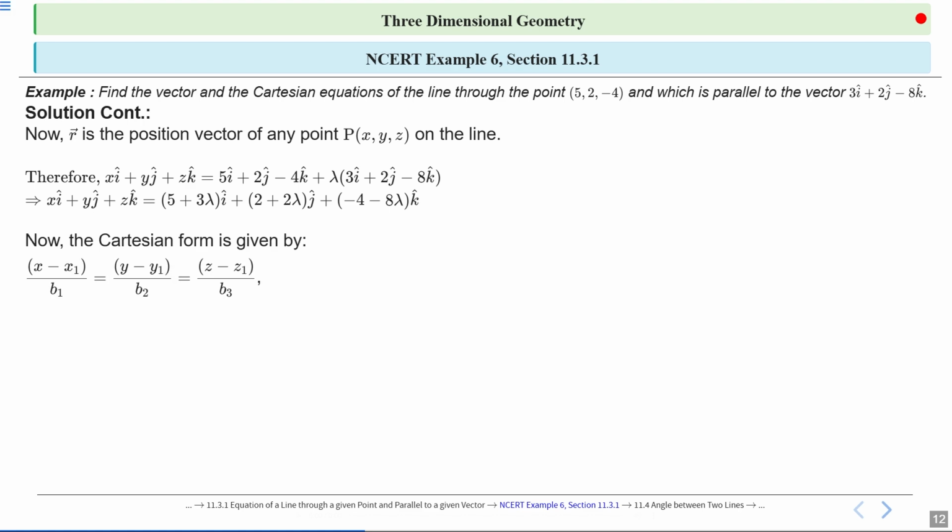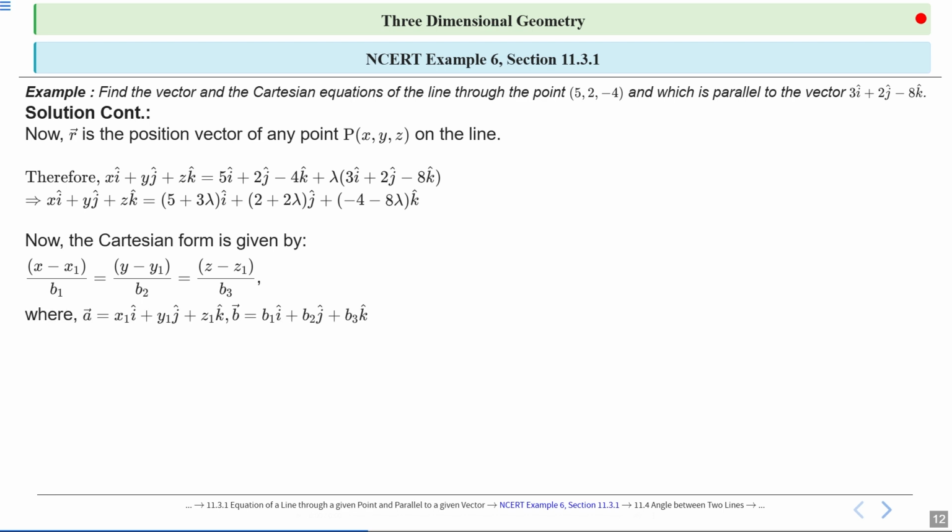The general Cartesian equation of a line that passes through the point (x1, y1, z1) and is parallel to the vector b1i cap plus b2j cap plus b3k cap is (x minus x1) divided by b1 equals (y minus y1) divided by b2 equals (z minus z1) divided by b3.